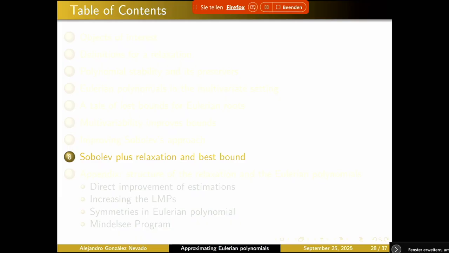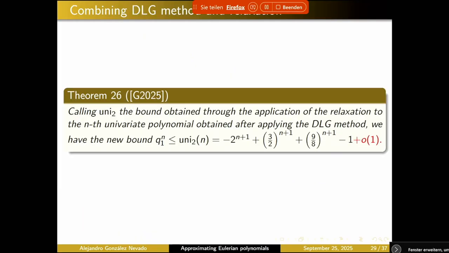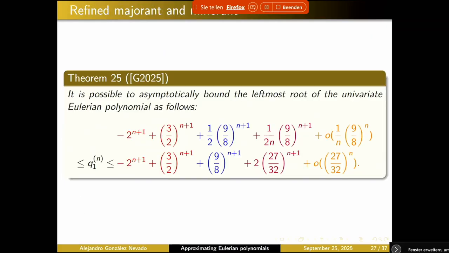We start with the Eulerian polynomials, we do this operation, and we build these q's that have as roots the squares of the roots of the Eulerian polynomials. And we apply the univariate relaxation to them. And when you do that, the univariate relaxation powers the original method. Right here, you obtain these estimations.